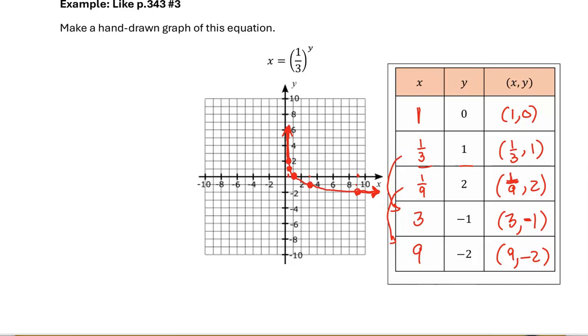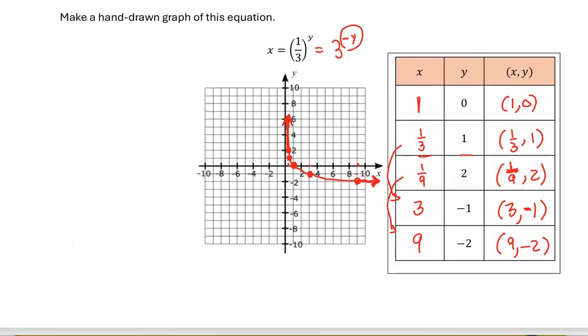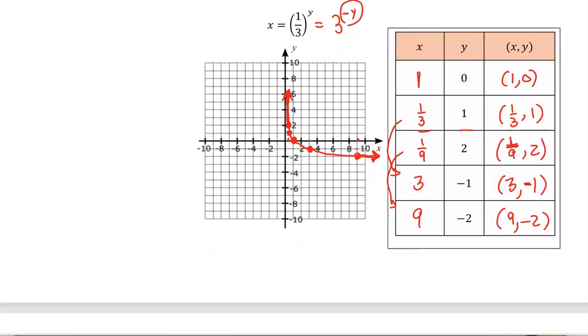So no surprise, because again, we saw that in the last section. This would be the same thing as 3 to the negative y, like that. So it's the vertical reflection of 3 to the y. Okay, that's just extra information. You don't have to know that, but your graph on number 3 is going to look pretty similar to that.